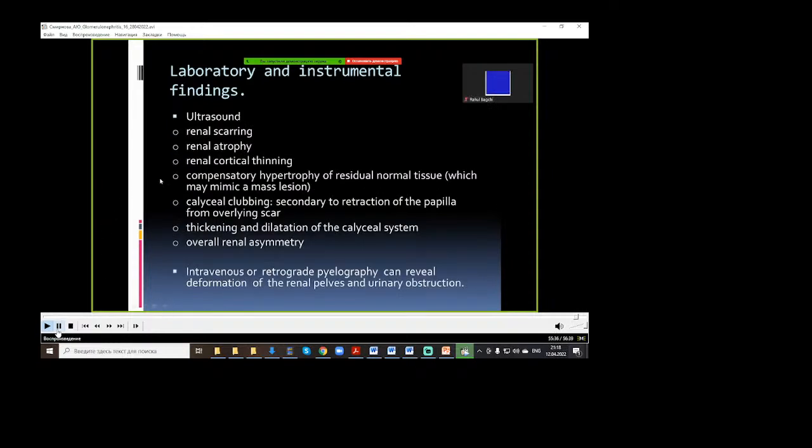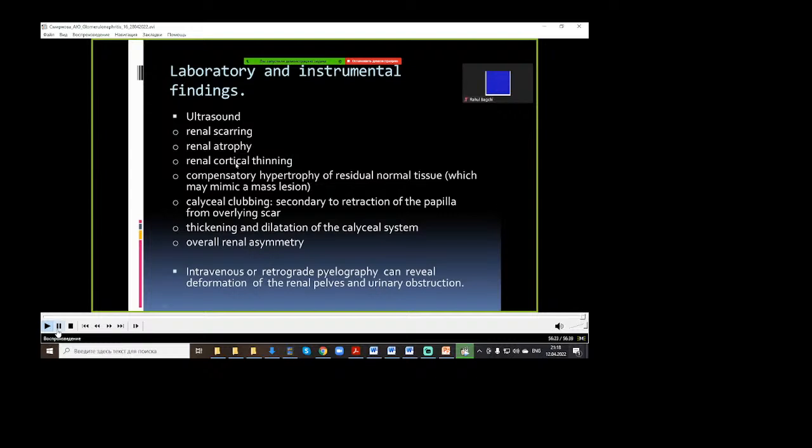Next, we may need ultrasound, abdominal and renal ultrasound. We may detect renal scarring, renal atrophy, renal cortical thinning, compensatory hypertrophy of residual normal tissue, which may mimic a mass lesion, calyceal blunting and clubbing secondary to retraction of the papilla from overlying scar, thickening and dilatation of the calyceal system, overall renal asymmetry, and we may detect stones in the pelvis.